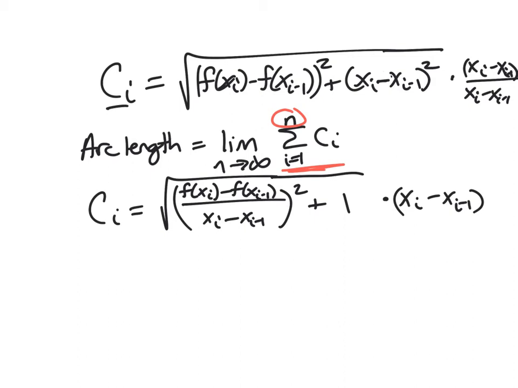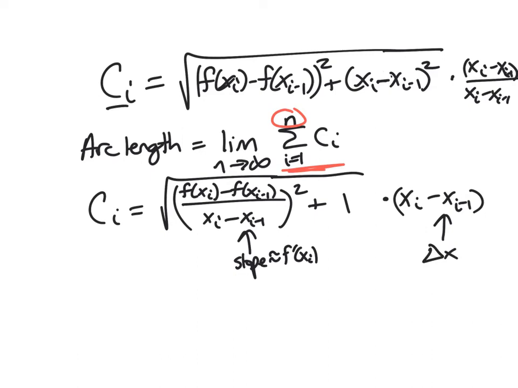That's how I'm rewriting this inside, and then I leave the multiplication outside. So why does this help us? Well, what is this? This is rise over run. This is our slope. This is roughly f prime of xi. And then this guy is your change in x. This is your delta x.